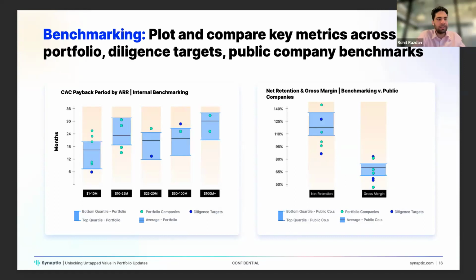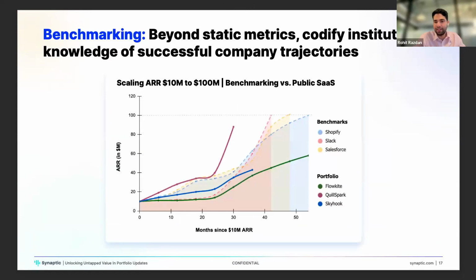The idea behind it is that you can build your own Bessemer style benchmarks for your own portfolio, and it makes sense, right? Once you have all of that data, you benchmark what works and what doesn't work across your portfolio, and it doesn't have to be just non-business oriented metrics. It can be business oriented metrics, and we'll talk a little bit more about that in the coming slides as well. It doesn't have to be restricted to just the metrics that we see here.